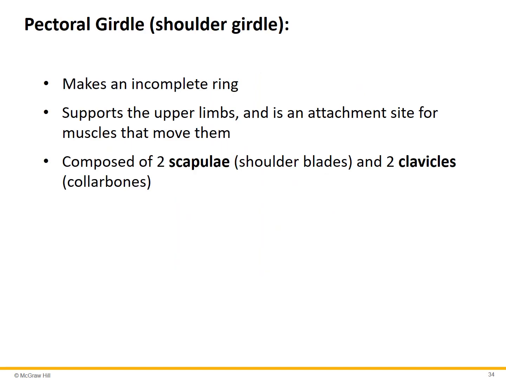Your pectoral girdle or your shoulder girdle makes an incomplete ring, and it supports your upper limbs and is an attachment site for muscles that move your upper limbs. The pectoral girdle consists of 2 scapula, commonly called the shoulder blades, and the 2 clavicles.